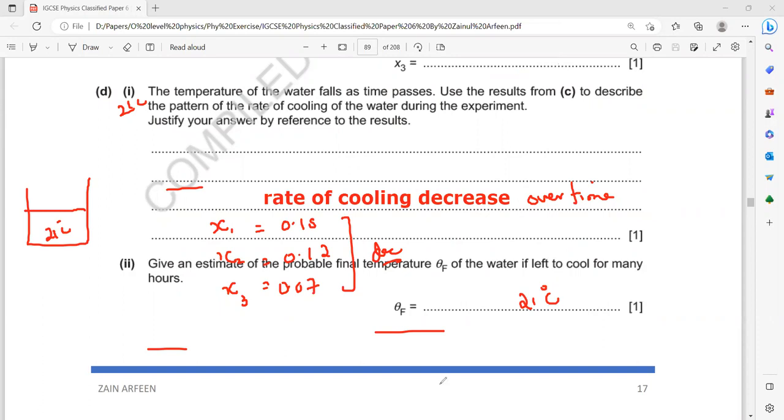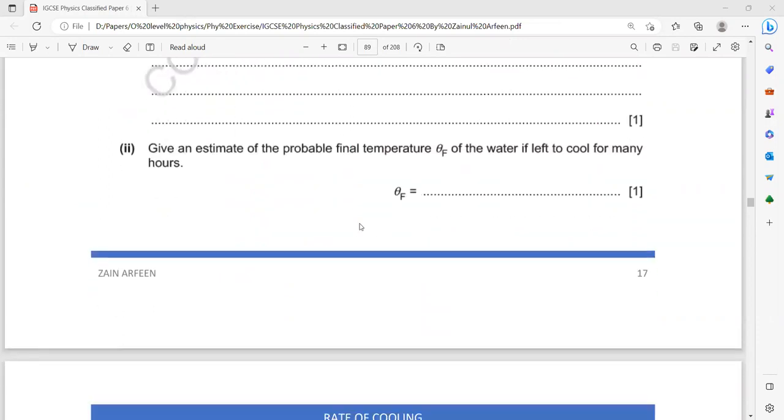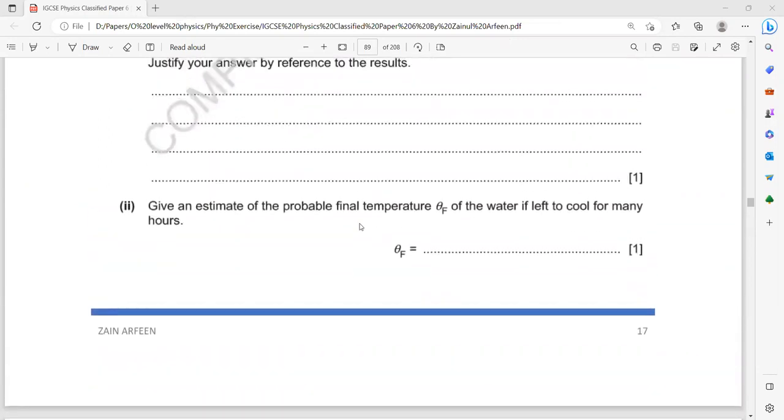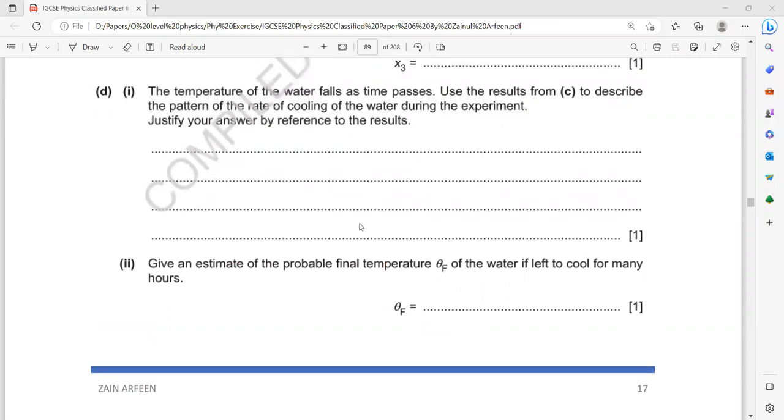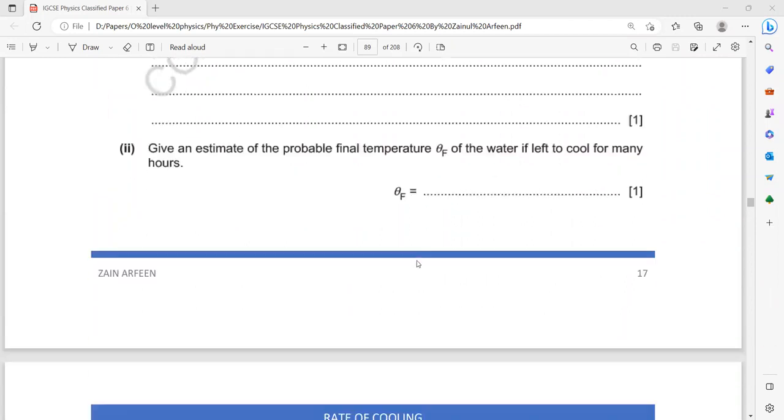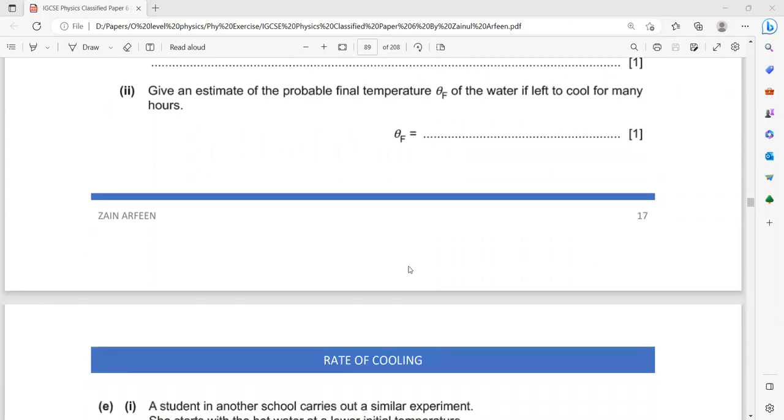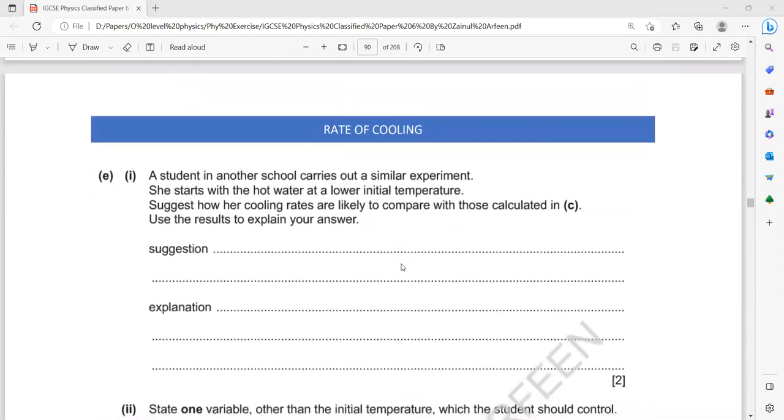So this temperature should also be 21, because after several hours it will lose energy and come to thermal equilibrium with the surroundings. Thermal equilibrium means the rate of heat loss and gain will be the same, so its temperature won't change much.